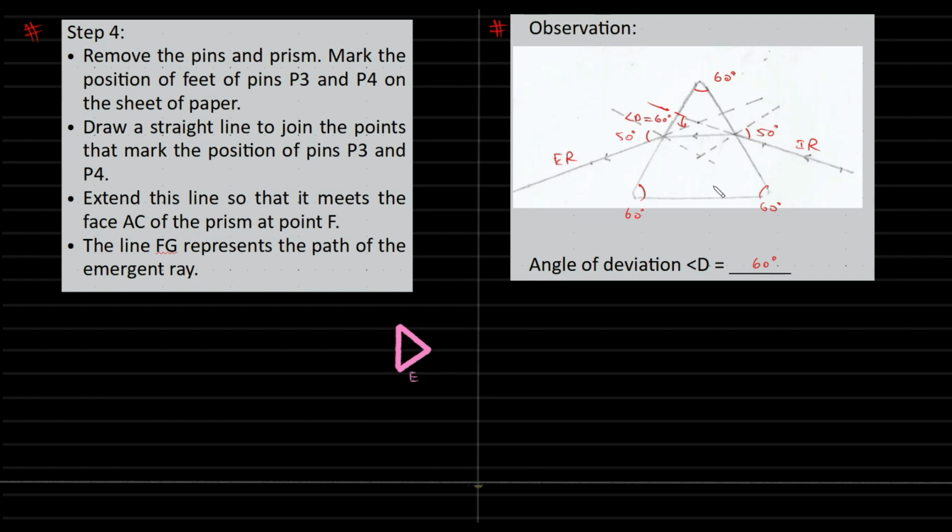Okay, so this is for understanding. You don't need to redraw it again for the exam. It's only for understanding. Yes, you need to write this statement though. Okay, so one last time you can have a look at the experiment.